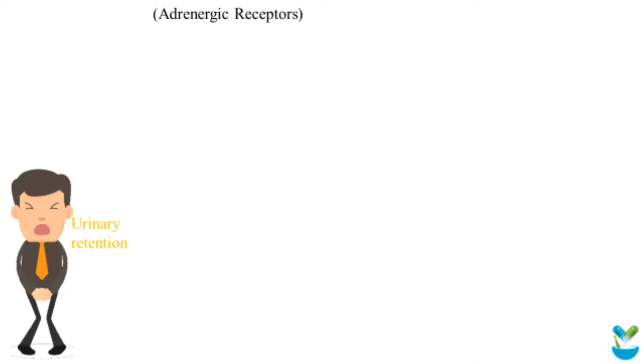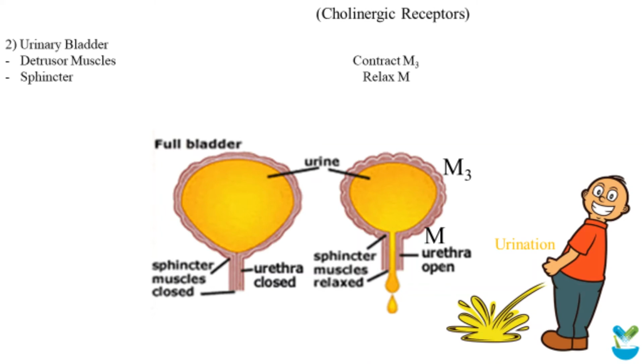Activation of the sympathetic nervous system results in urinary retention, as already discussed in the last video as well. Let me first explain what happens when we urinate. Urinary bladder muscles are detrusor muscles. When they contract and the sphincter, which controls the flow of urine, relaxes, meaning it is open, micturition takes place.